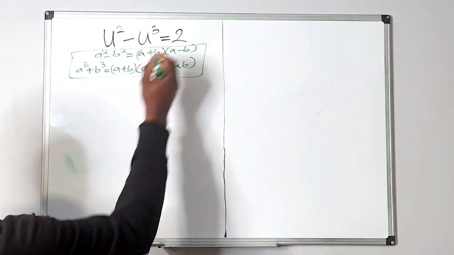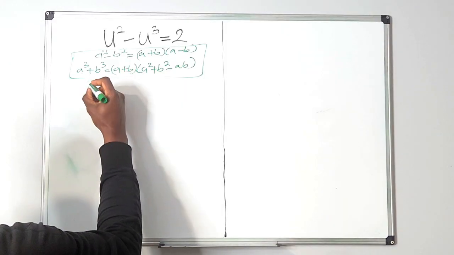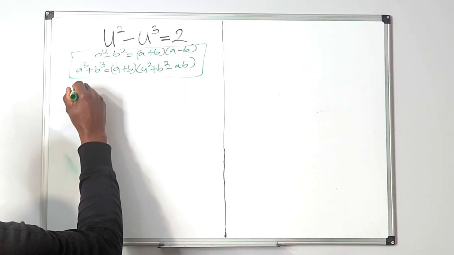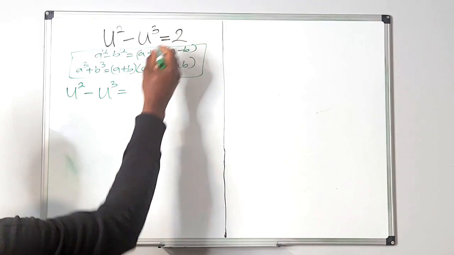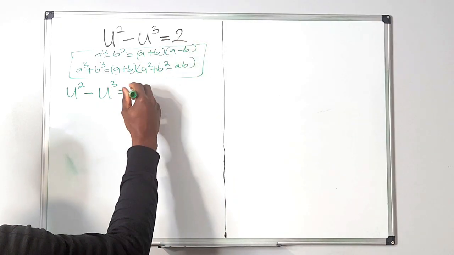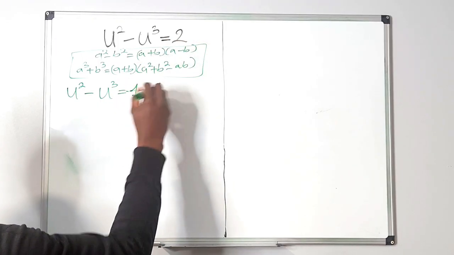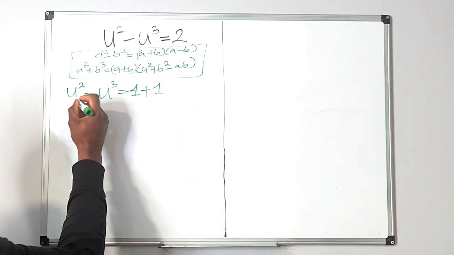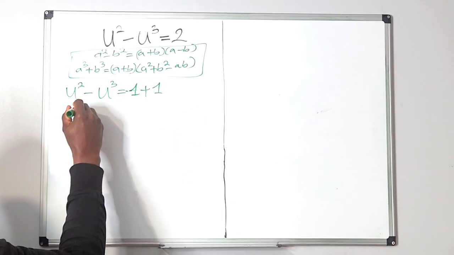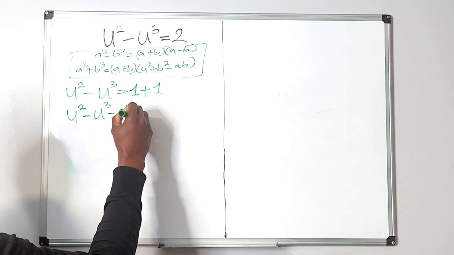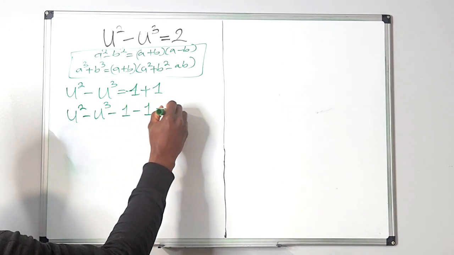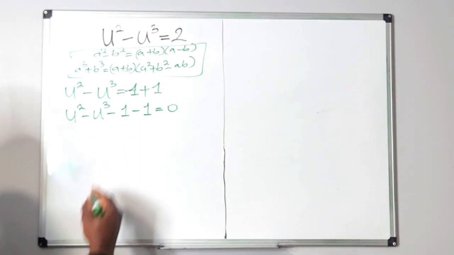Okay, so let's start. We're going to rewrite this 2. So we have u squared minus u cubed. 2 is the same thing as 1 plus 1. So we're going to move this to this side. We have u squared minus u cubed minus 1 minus 1 all equal to 0.